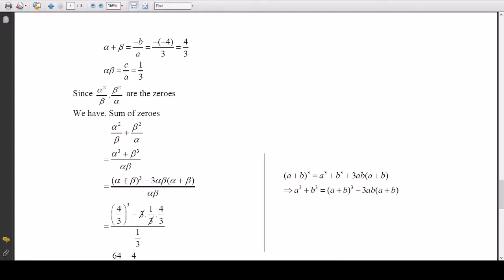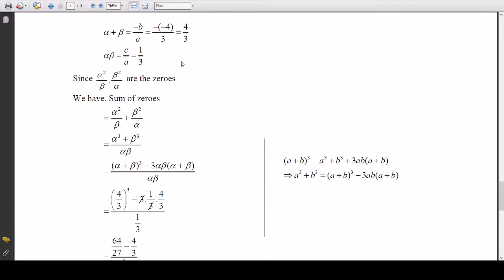Now you'll substitute the values of alpha plus beta and alpha beta in this equation. Alpha plus beta is how much? (4 by 3) cubed minus 3 into alpha beta, alpha beta is 1 by 3, and alpha plus beta again, that is 4 by 3, divided by alpha beta, that is again 1 by 3.